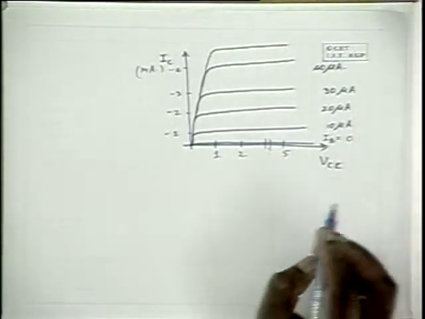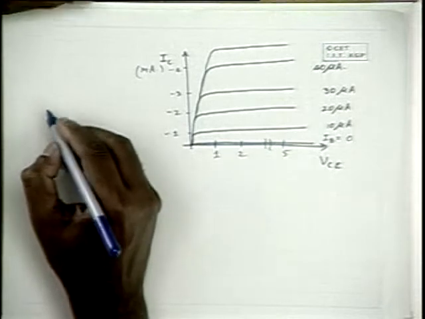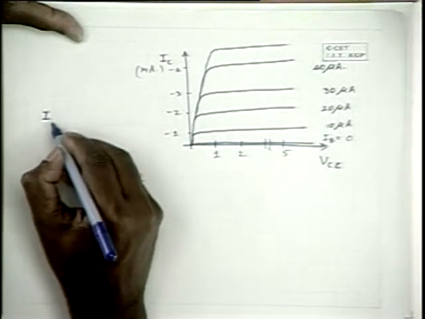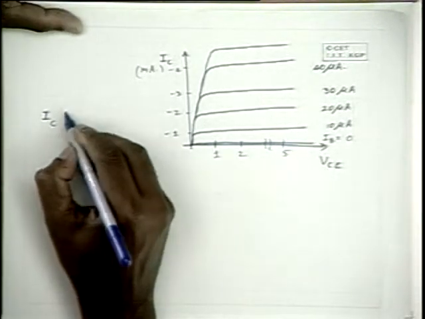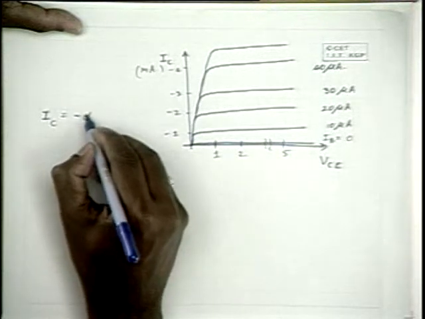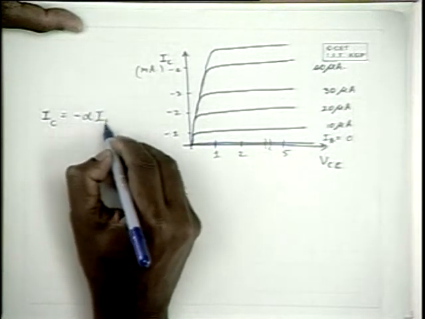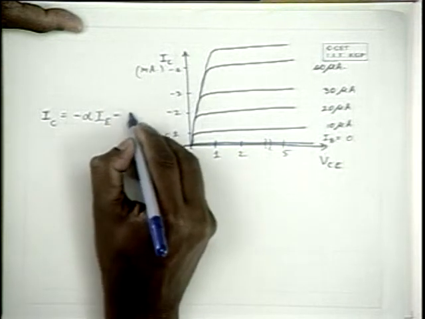Now we know that in a transistor, the expression for the collector current is IC equals minus alpha IE minus ICBO.